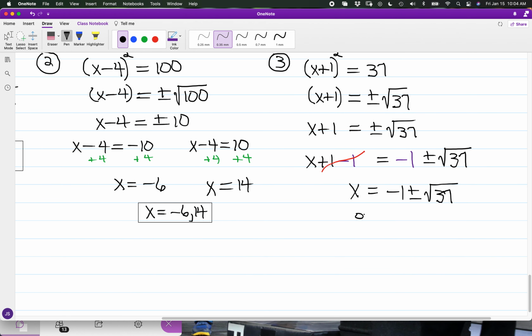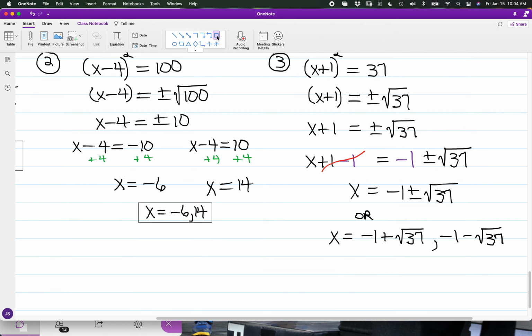And in terms of what Alex would require, I think throughout Alex asks for just the separate solutions. And so we have at the upper end negative 1 plus the square root of 37, and at the lower end we're going to have negative 1 minus the square root of 37. Okay, so those would be the exact results.